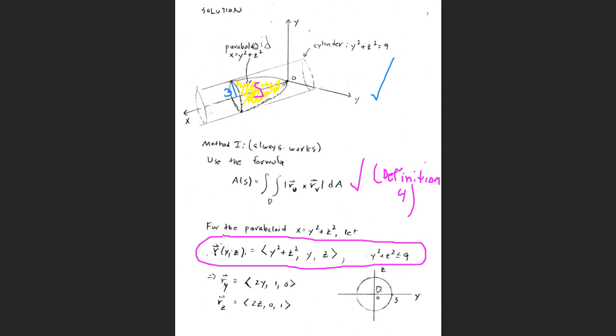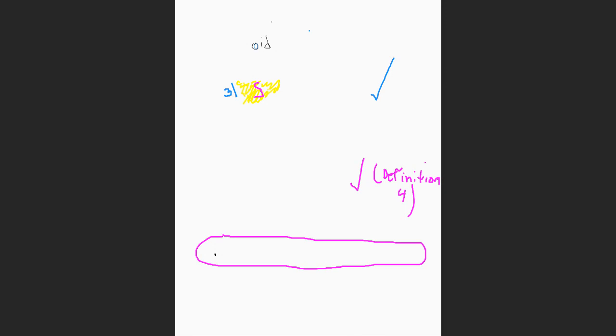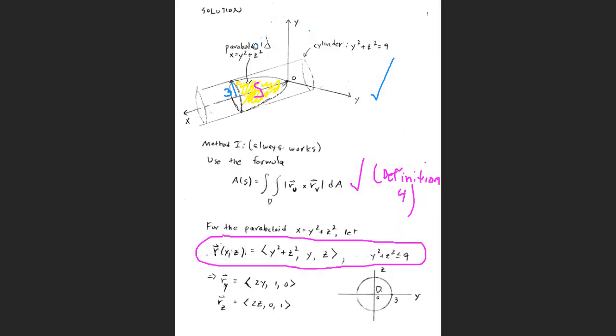And of course, anytime you have a vector function with parameters, you have to have some restrictions on the parameters. The restrictions on these parameters are that y squared plus z squared is less than or equal to 9.